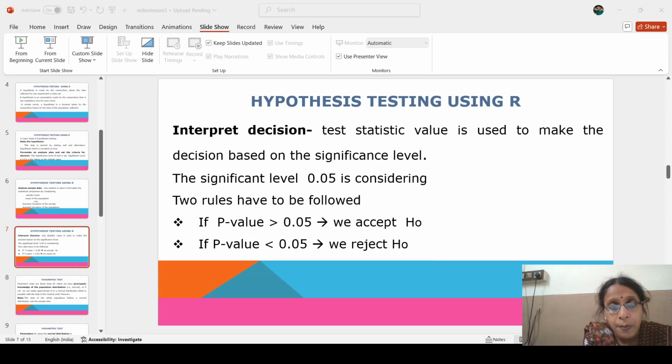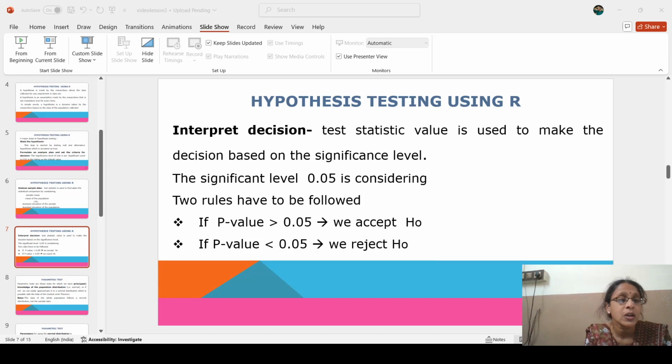For performing a one sample t-test in R, we use the t.test function. The syntax is t.test(x, mu = 0).